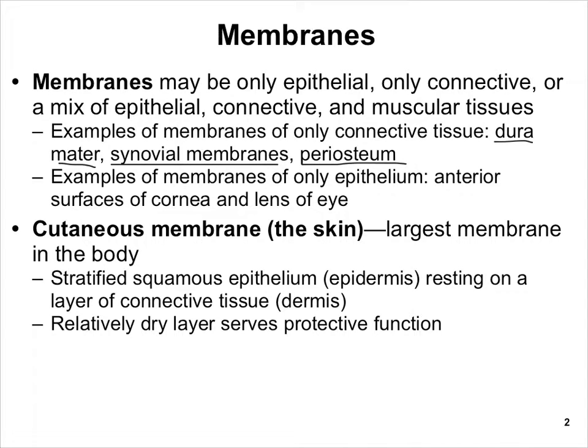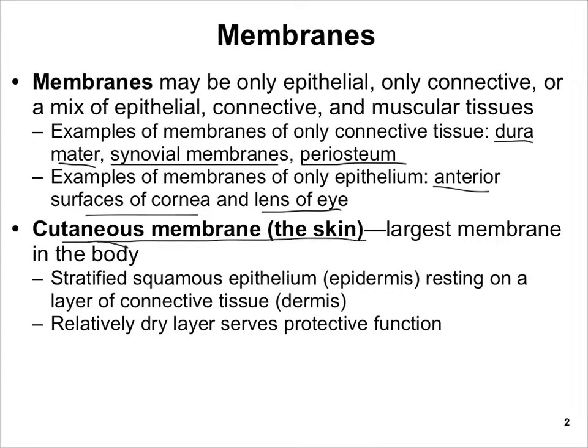Epithelial-only membranes would be the lens of the eye and the anterior surface of the cornea. Those are both epithelial-only membranes. The skin is considered to be a membrane. We're going to talk about this more next week when we talk about the integumentary system in our next section of the class. The skin is called the cutaneous membrane.